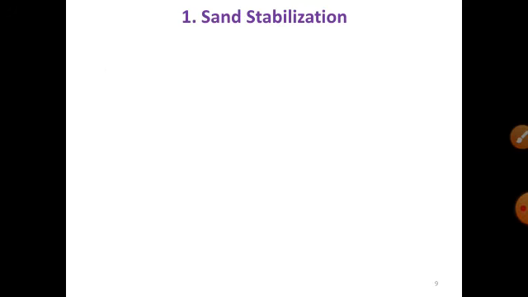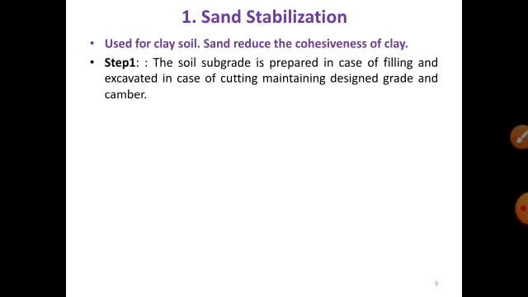Sand stabilization. It is used for clay soil. Sand reduces the cohesiveness of clay. The first step of sand stabilization is the soil subgrade is prepared in case of filling and excavated in case of cutting, maintaining design grade and camber.